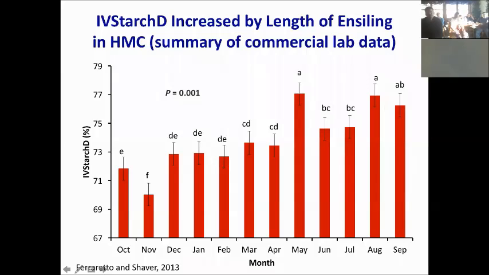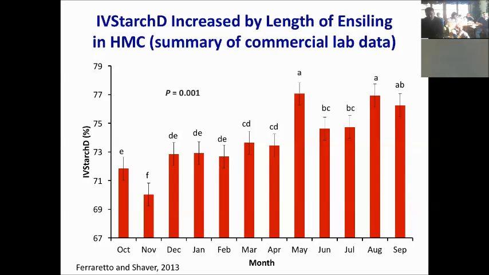So this is very similar to what I showed you in the first slide, but from a much bigger data set. And in his conclusion, Ferraretto and Shaver basically say that in high moisture corn, some samples may take as much as 7 to 8 months before they reach maximum starch digestibility.